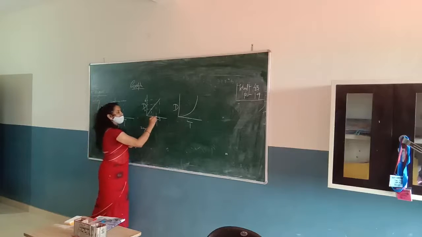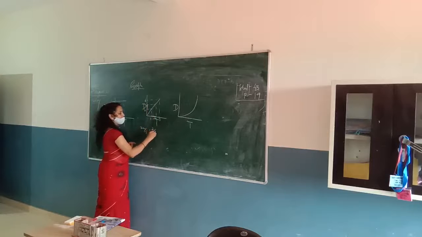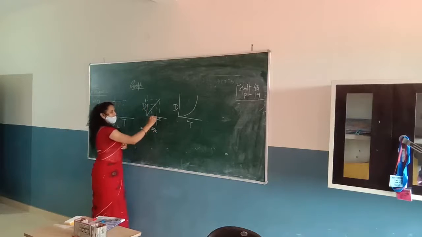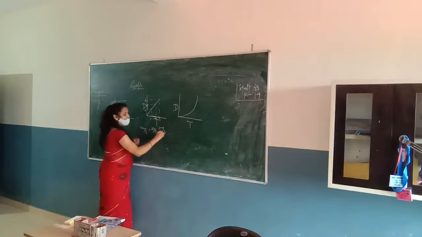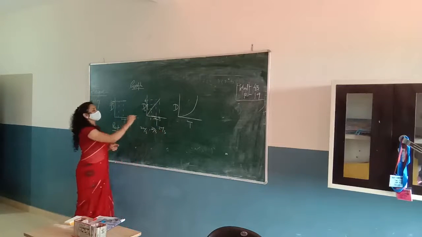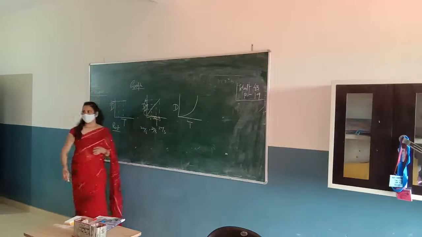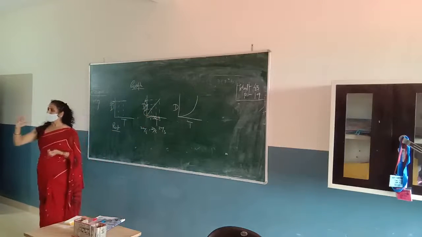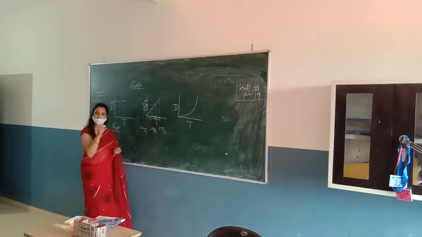In another 1 second you cover 2 meter. So again your speed will be 2 meter per second. In another 1 second you cover 2 meter. So you will say your speed is constant. You are covering equal distance in equal interval of time. So if the graph is a slope with the x-axis, then we will say it is a uniform motion graph.